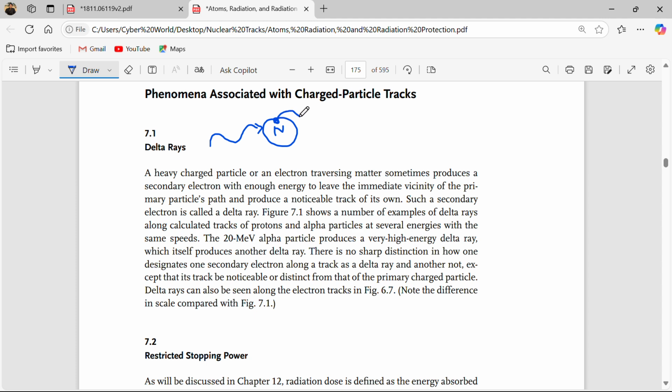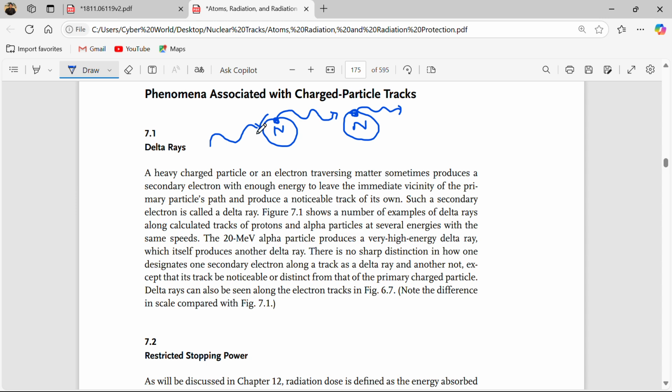So this electron is ejected from its outermost shell, and let's suppose there is another nucleus, and it again has an electron. So the ejected electron also ejects the other nucleus's electron. This process is called delta rays.